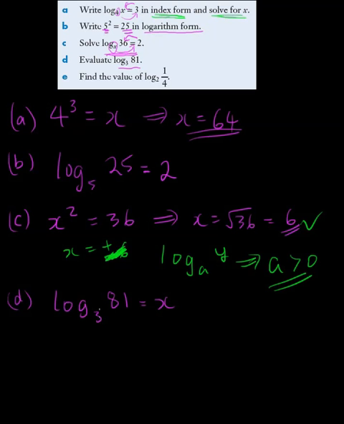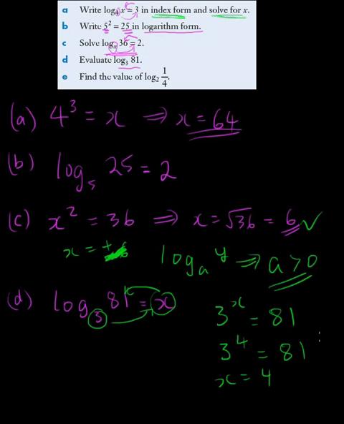Once again, we use our exponential. This means actually 3 to the power of x is equal to 81. Always use this circle to change it to exponential so you can understand it a bit easier. So 3 to the power of what gives you 81? 3 to the power of 4 gives you 81. So x must be equal to 4.